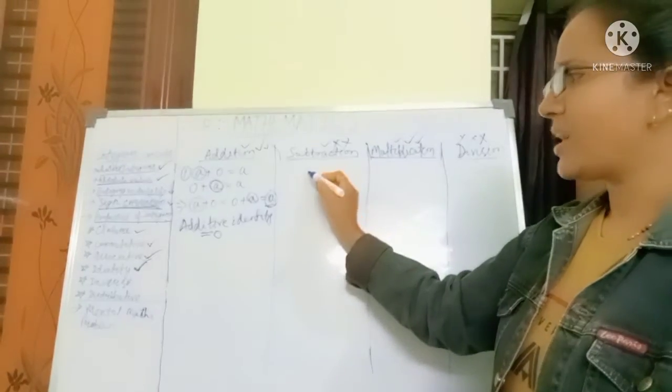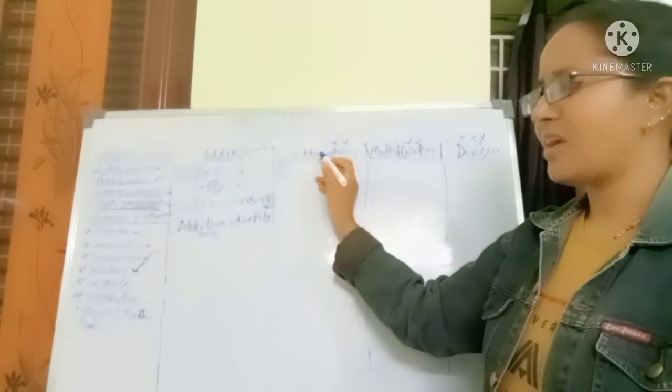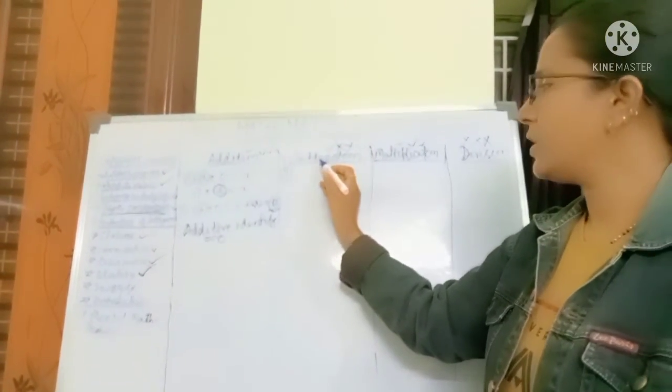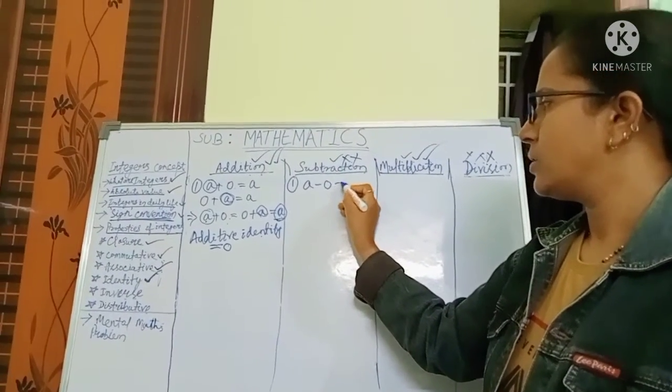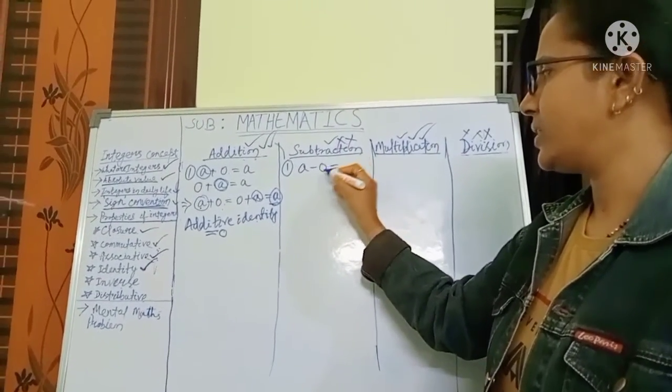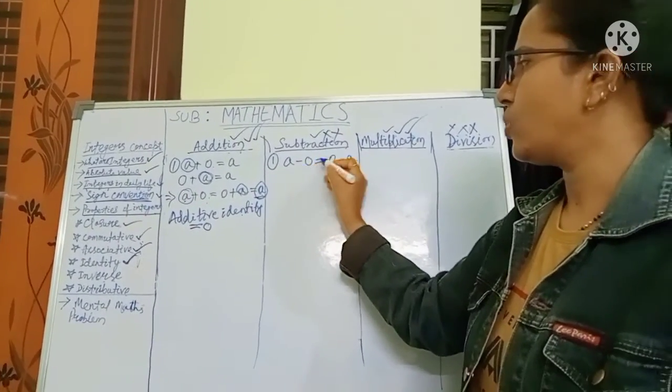Now for subtraction, we'll check whether subtraction has an identity or not. Is a minus 0 equal to 0 minus a? No, it is not equal.